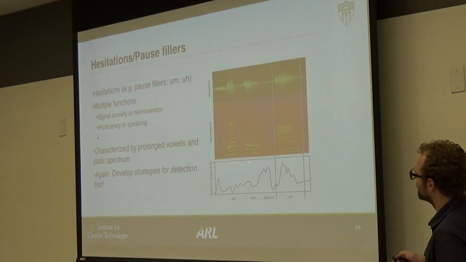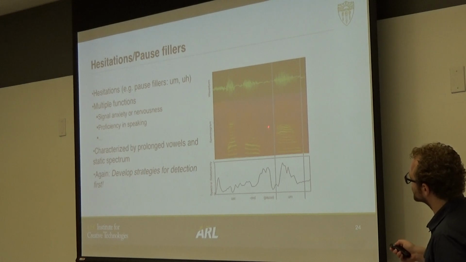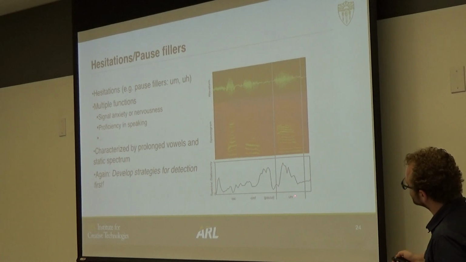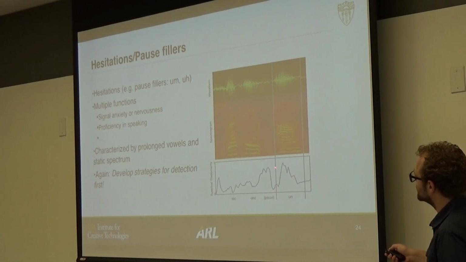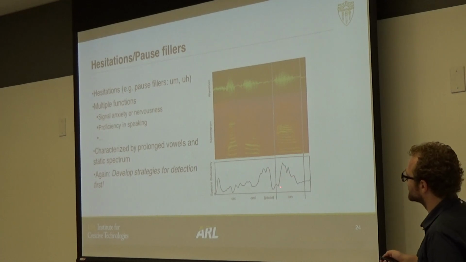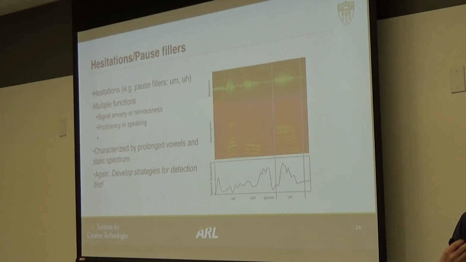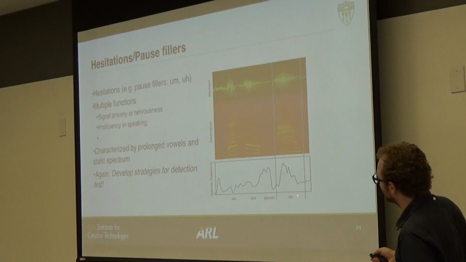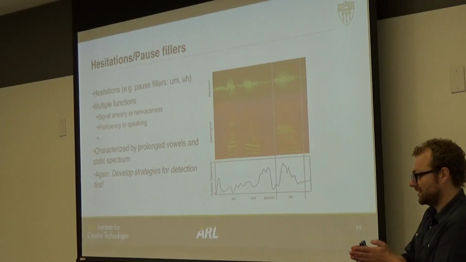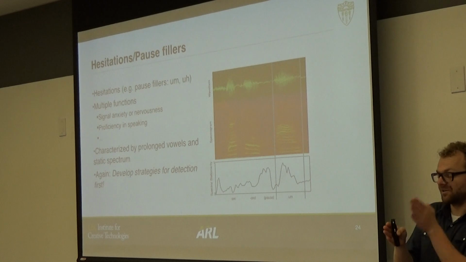We see in this case, for example, this is like a second and then nothing, and the spectral stationarity measure down here is very high for the pause. Obviously, because in the pause case there's only noise, there's no other source of information, the spectral stationarity is very high.